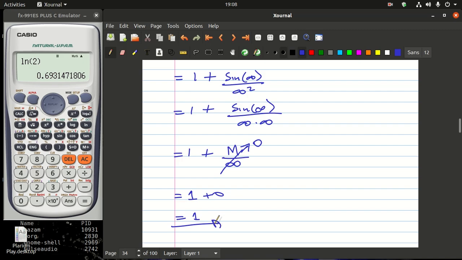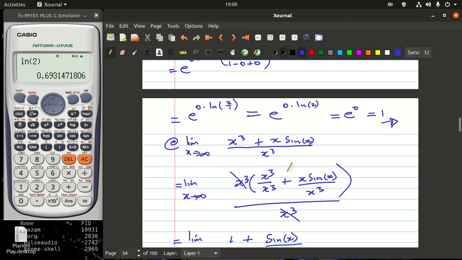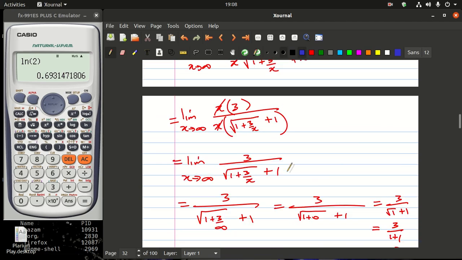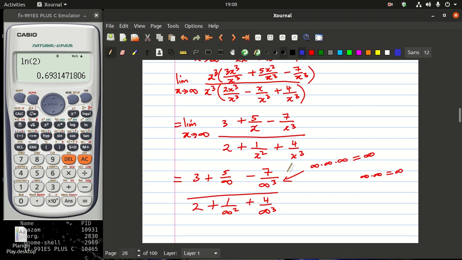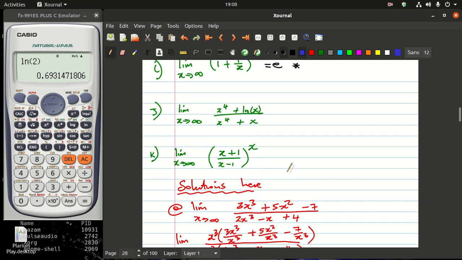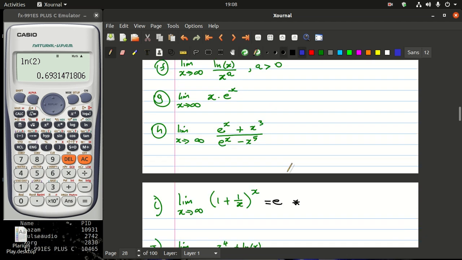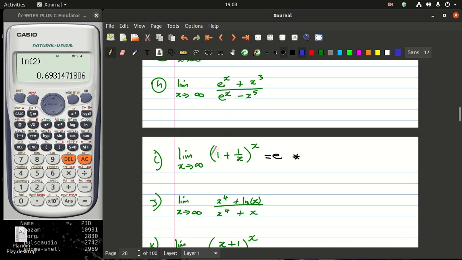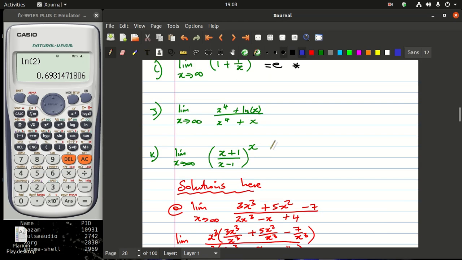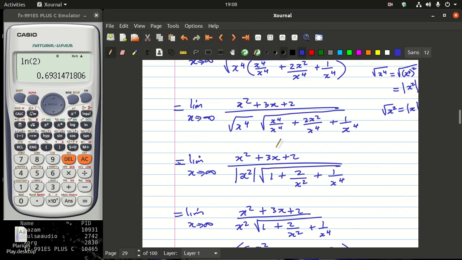I hope that these examples or these exercises have enlightened you on how you can change an indeterminate form to a determinate form. So that's what is important. After we have done L'Hopital's rule, you will see when we are solving f, g, h, and all these other problems, that's when we'll be solving them using L'Hopital's rule.